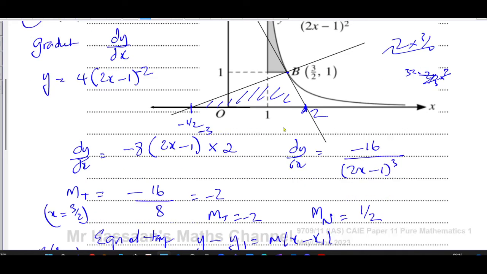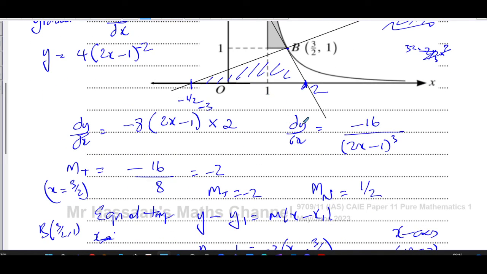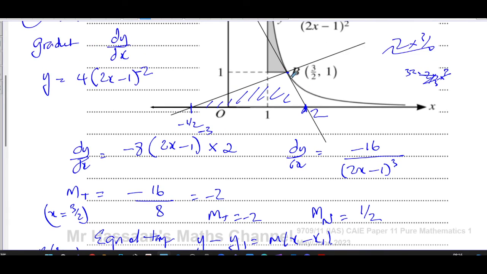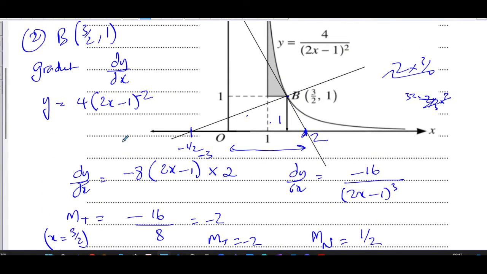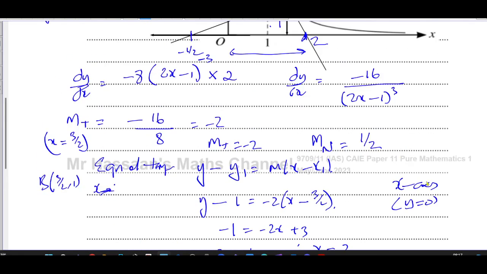So I can find the area of this triangle. If you think about it, what we have is a vertical height, which is 1 unit, because that's the y coordinate at that point. And you've got the base distance, which is the difference between 2 and -1/2, which is 2.5.